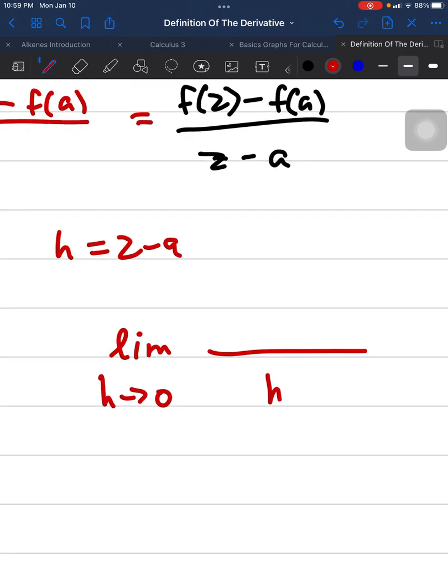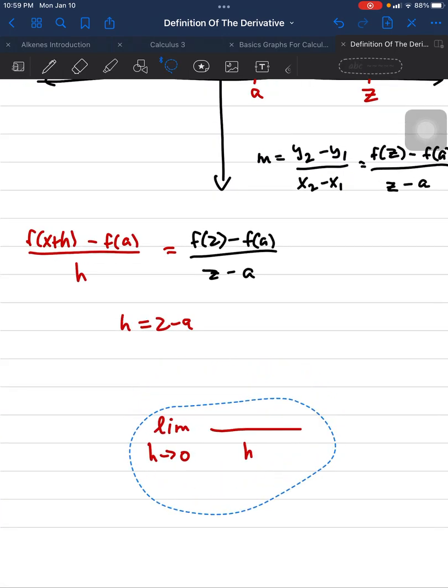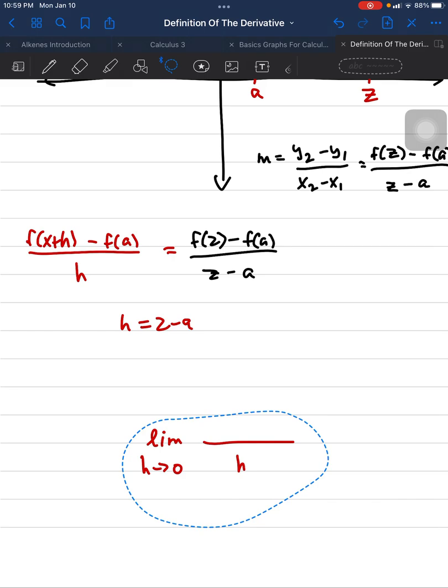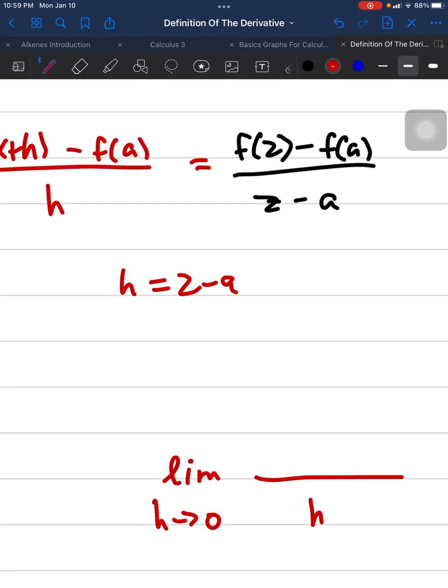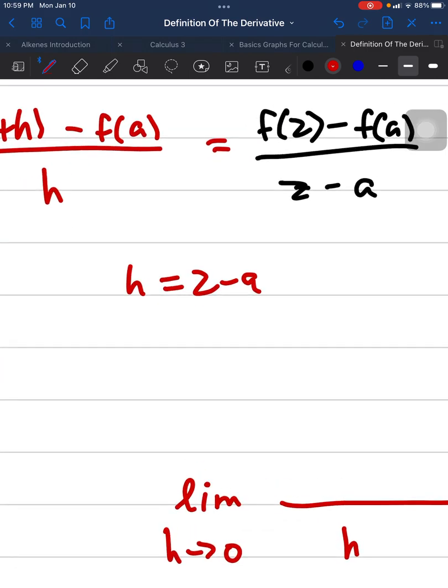Now for the numerator, this is also gonna be a pretty simple algebraic manipulation. So you see, we already know that h is equal to z minus a.